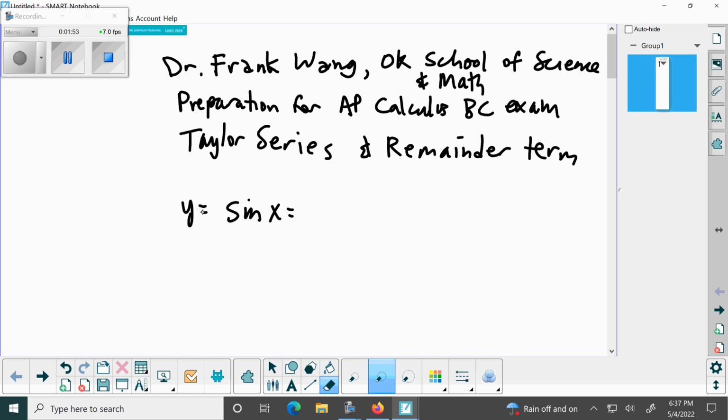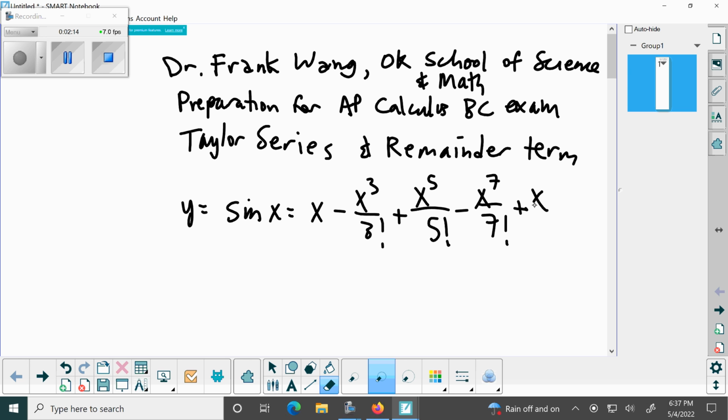And this could be expressed as a Maclaurin series. A Maclaurin series is a Taylor series centered at 0. So the expansion is x minus x cubed over 3 factorial plus x to the 5th over 5 factorial minus x to the 7th over 7 factorial plus x to the 9th over 9 factorial, and so forth.